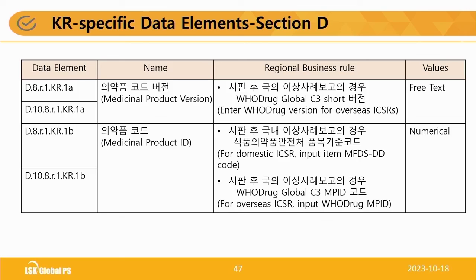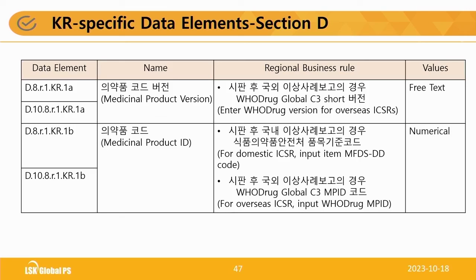So the version has to be written down, for WHO Drug Global C3 short version. And for medicinal product ID, it would differ between Korea and overseas. For domestic ICSR, we would put the MFDS DD code, and for overseas ICSR, we would use WHO drug MPID C3.